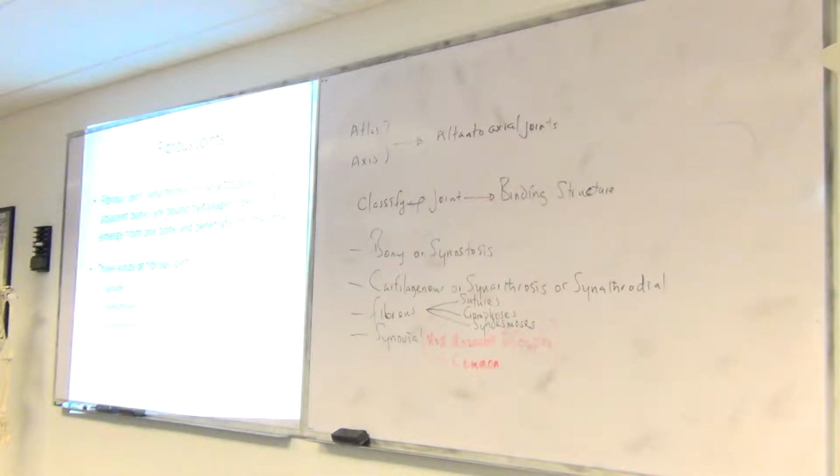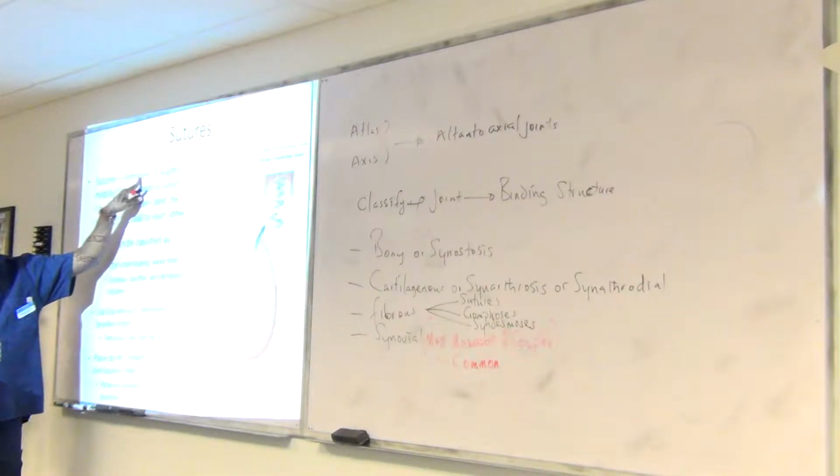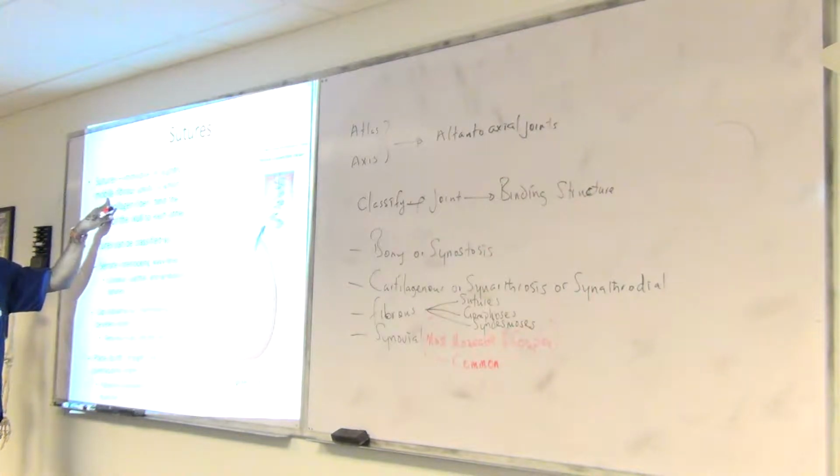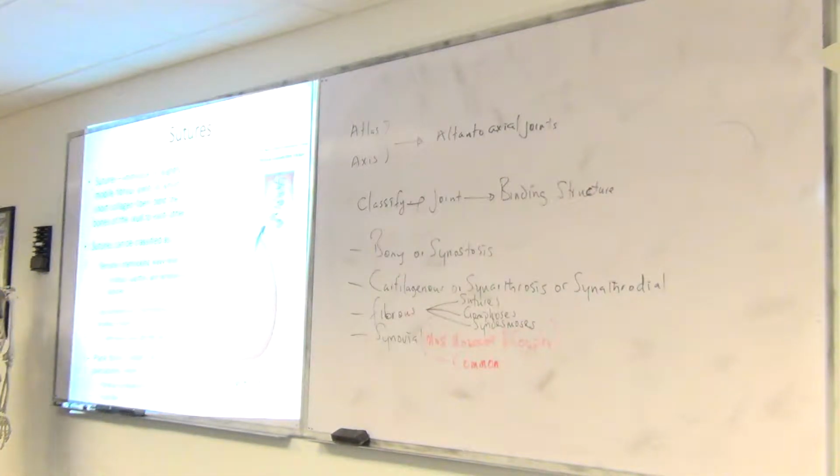Now the sutures, we already talked about, mostly present in infants. The sutures are immobile or slightly mobile, particularly in an infant, which allows the overlapping of the skull bones so that the head can pass through the birth canal. Okay, very important.